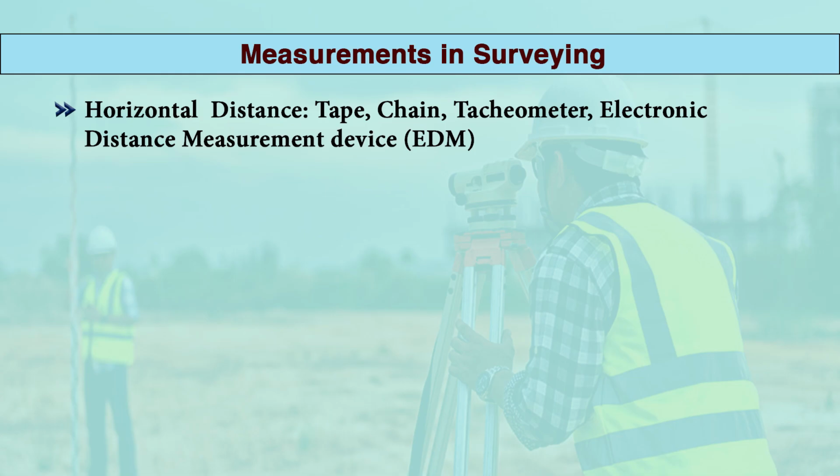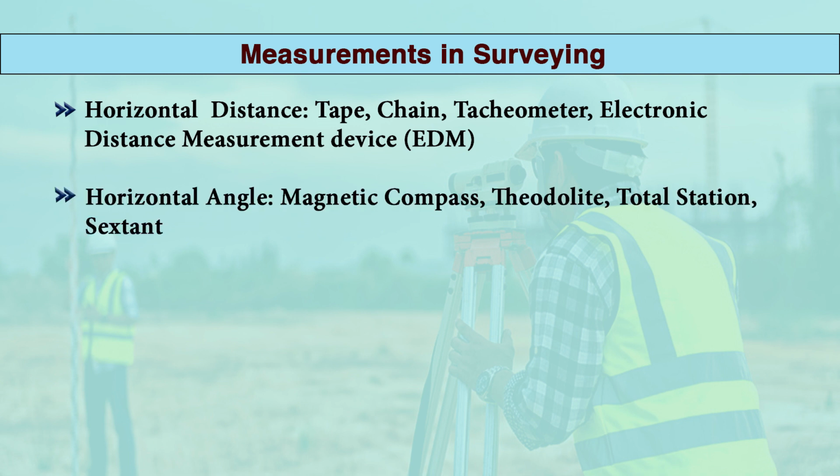Now we will discuss the instruments used for various measurements. In today's lecture, we will focus solely on the names and utility of the instruments. In subsequent lectures, we will explore them more extensively and discuss their function in detail. So, for horizontal distance measurement, tape, chain, tachometer, and electronic distance measurement devices are used.